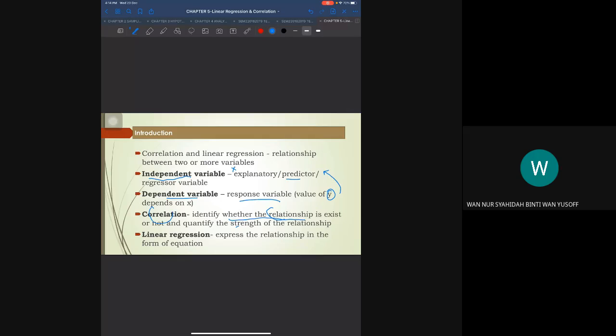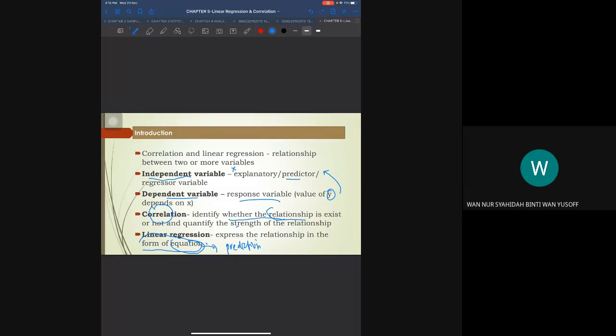Based on the correlation, if a relationship exists between the variables, then we can construct the equation to represent those variables. If not, then there is no use constructing the equation.